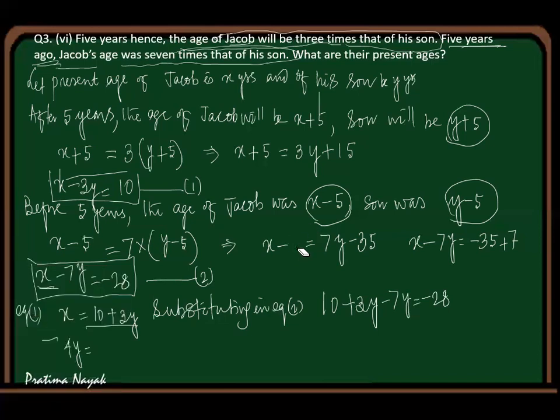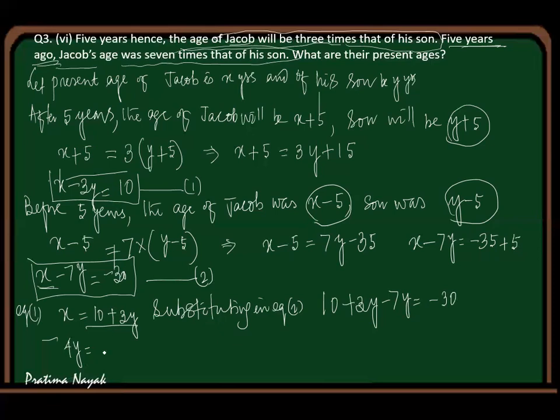This is x minus 5, then it will be plus 5. Then it will be minus 30. Minus 7y is 30. I hope you have understood and you have drawn it. So this will be minus 30. Next, 10 plus 3y minus 7y is equal to minus 30.